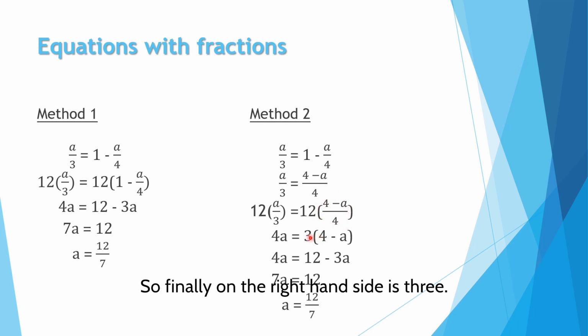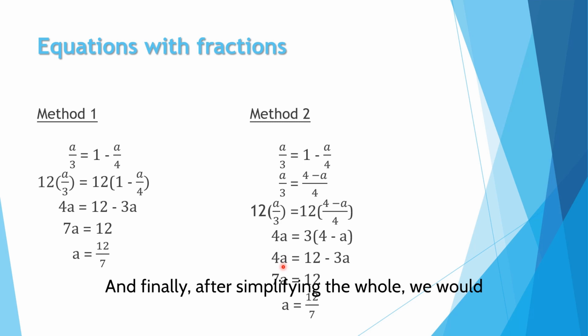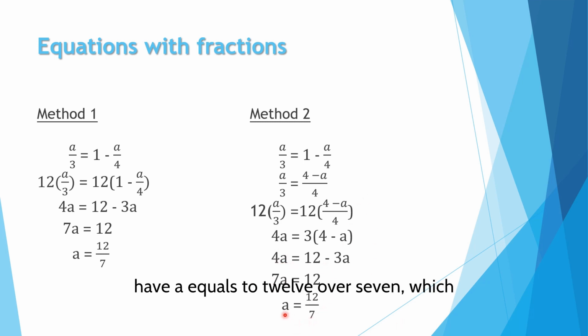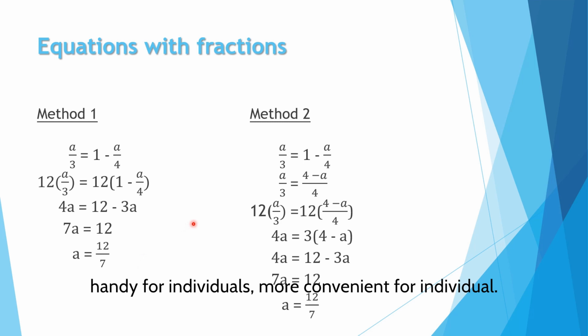So finally, on the right-hand side is 3 multiplied by 4 minus a. The left-hand side is like this. And finally, after simplifying the whole thing, we would have a equals 12 over 7, which is the same as the other method. So it depends on which method is more handy, more convenient for the individual.